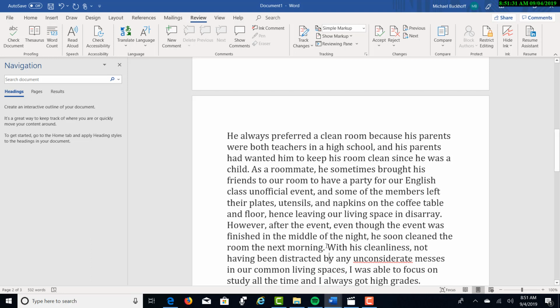So with his cleanliness, not having been distracted by any inconsiderate messes, I think I want to say inconsiderate, sorry. With his cleanliness, not having been distracted by any inconsiderate messes in our common living spaces, I was able to focus on my studies all the time.